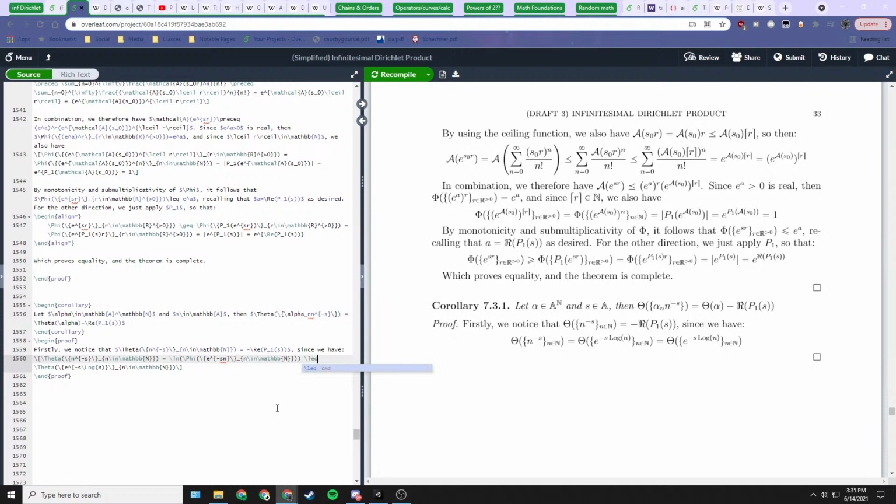And this will be less than or equal to the same phi value, but using all real numbers. This will be the log. Oh yeah, this should be log, shouldn't it? Let me double check that.